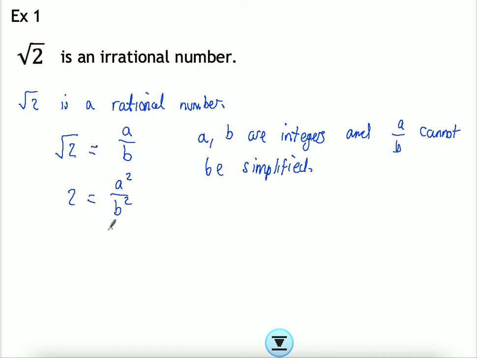And then I'm going to multiply both sides by b squared. Now what this does is it tells us that a squared must be even, because it's two lots of something. And that tells us that a must be even.